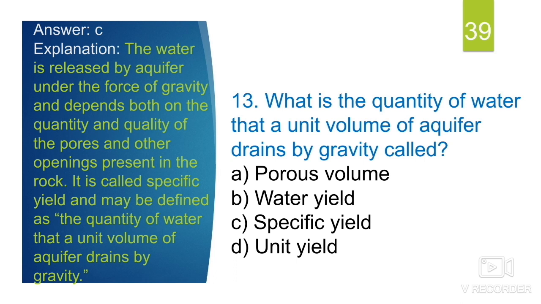The water that can be drained out freely under gravity is known as specific yield, and water which is held in the aquifers is known as specific retention. So option C is the right answer.